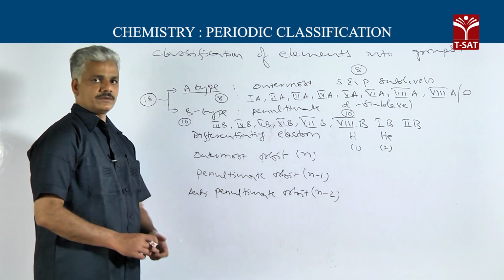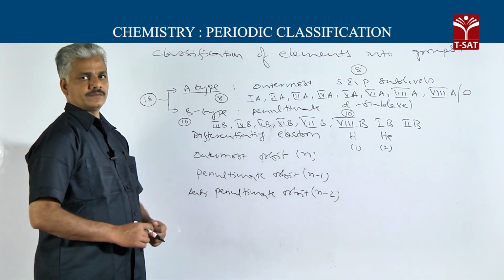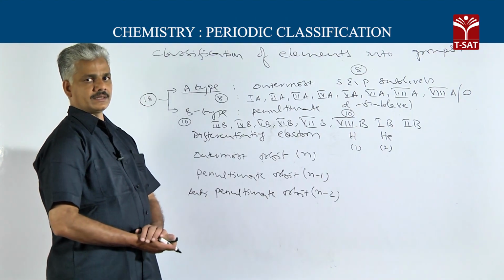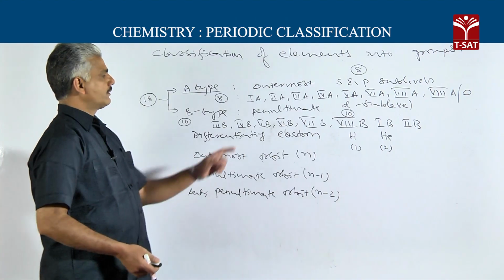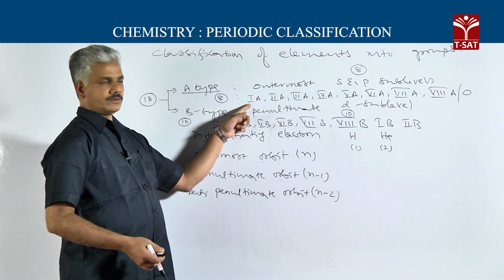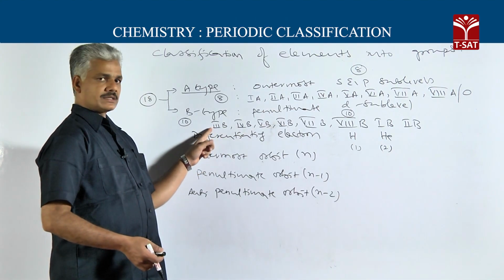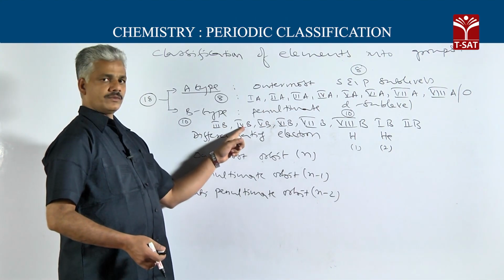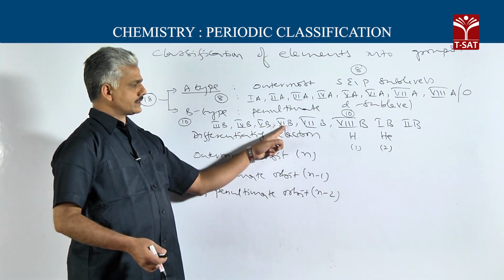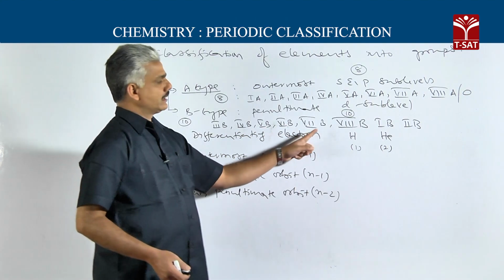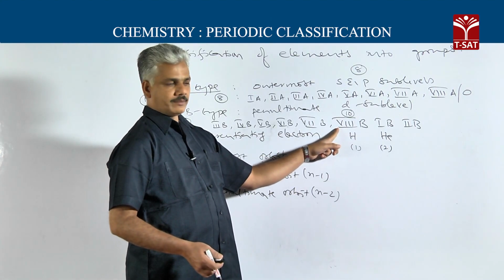To avoid this confusion, EAPCET has suggested the usage of normal integers in sequential order. According to this, the 1A group is called the first group, 2A is called the second group, 3B is called the third group, 4B is called the fourth group, then the fifth group, sixth group, seventh group. In the 8B, there are 3 groups clubbed together.